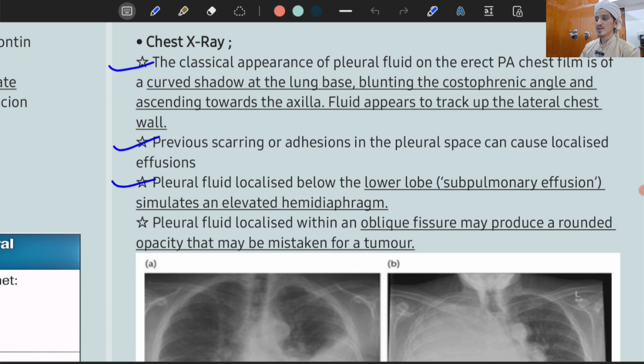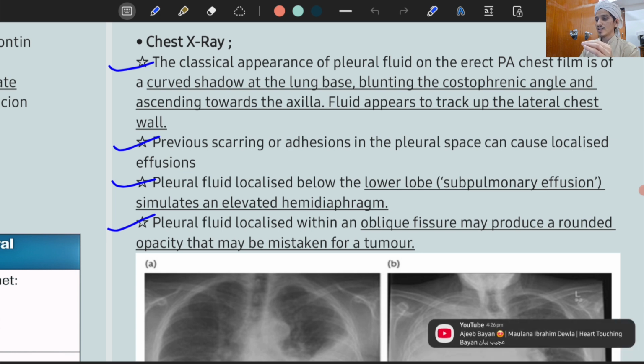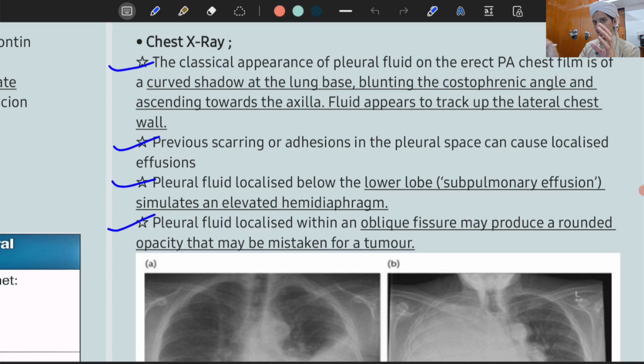Pleural fluid localized below the lower lobe, subpulmonary pleural effusion, simulates an elevated hemidiaphragm, meaning it looks like an elevated one-sided diaphragm. Pleural fluid localized within an oblique fissure may produce a rounded opacity that may be mistaken for a tumor.